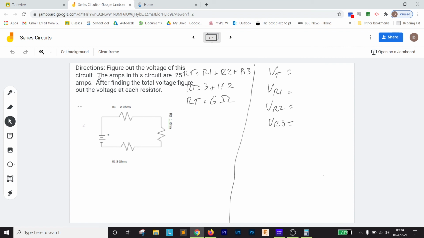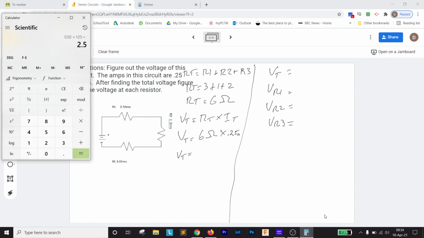So that's the R total. So to get the voltage total, that equals R total times I total, which voltage total equals 6 ohms times 0.25 amps. So voltage total equals, I believe that's going to be 1.5.